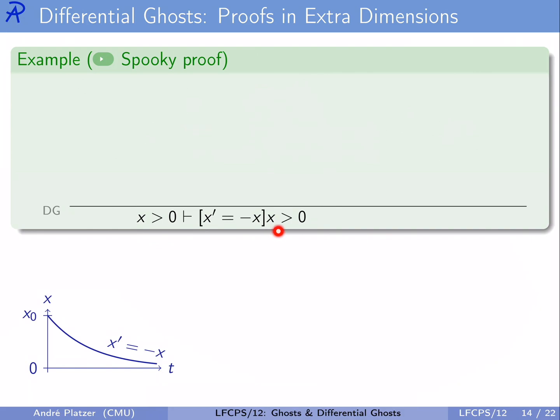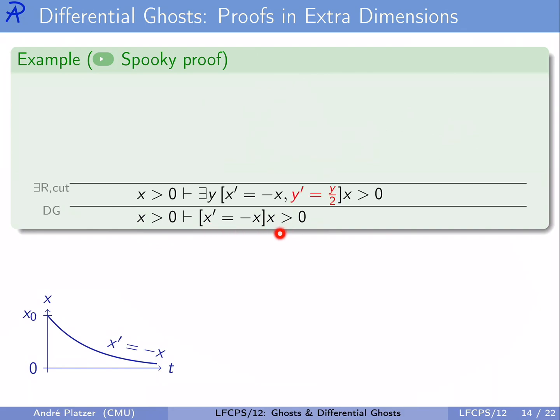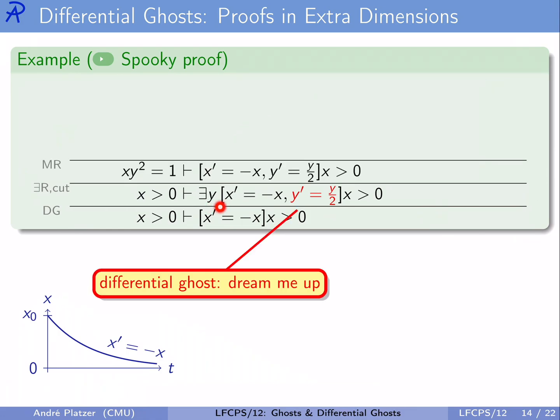Let's do a differential ghost, introduce a new differential equation, y prime equals y over 2, not just a time variable, a much more interesting differential equation, for some initial value of y. Speaking of initial value of y, we can choose a y that makes xy squared equals 1 true in the beginning. Why could we do that?